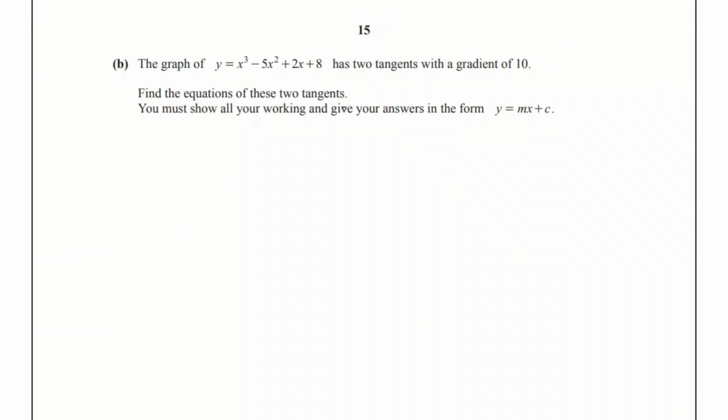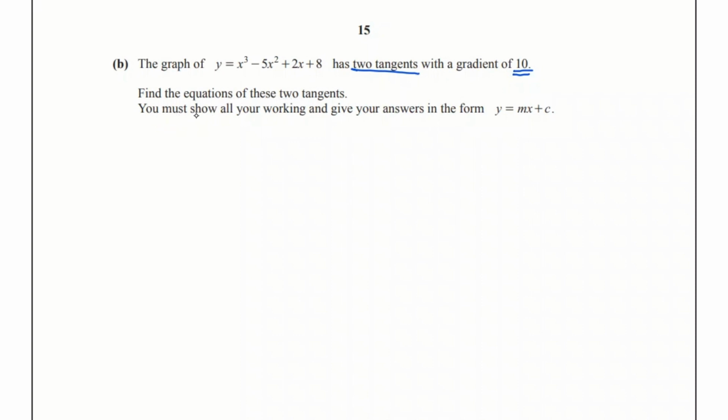2 tangents. Okay, the graph of y equals x cube minus 5x square plus 2x plus 8 has 2 tangents with the gradient 10. That means they are parallel. Find the equations of these 2 tangents.